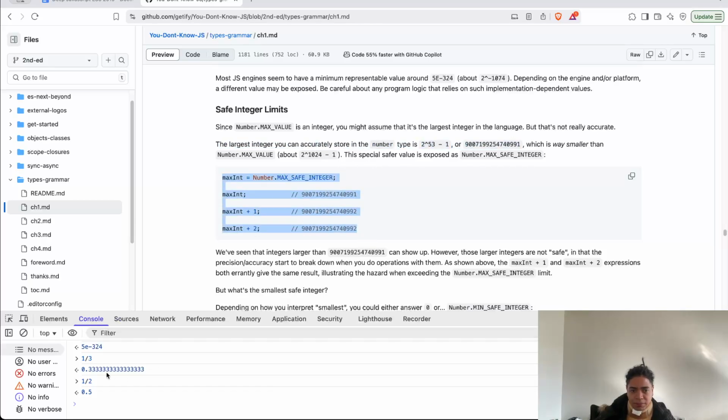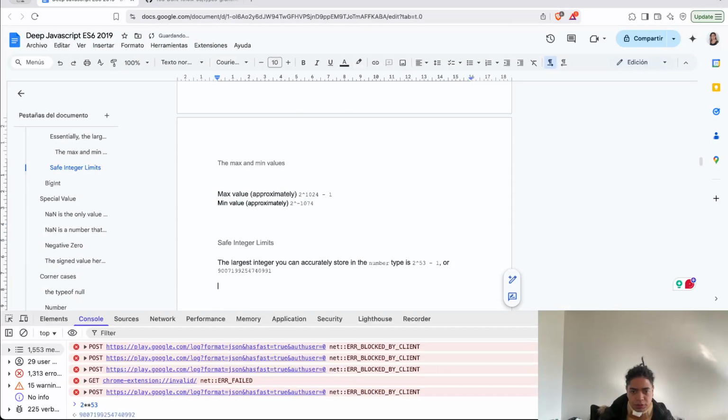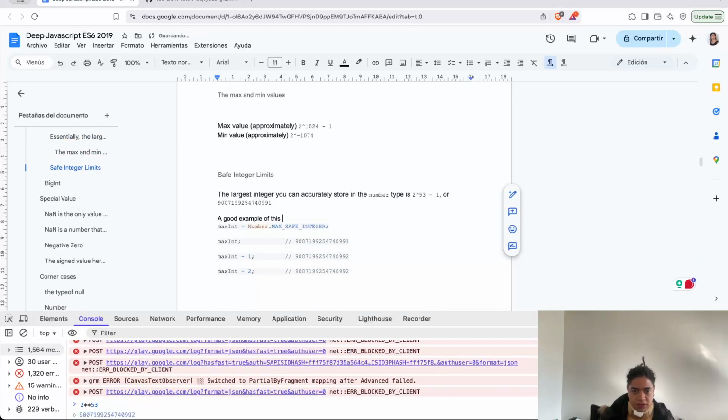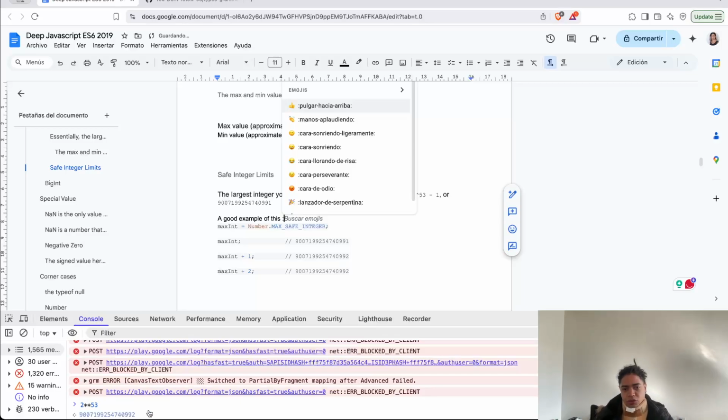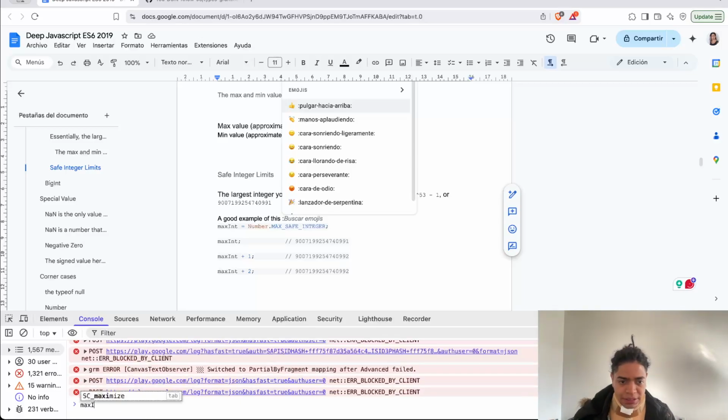A good example of this: let's assume we ask, what's the max integer here?